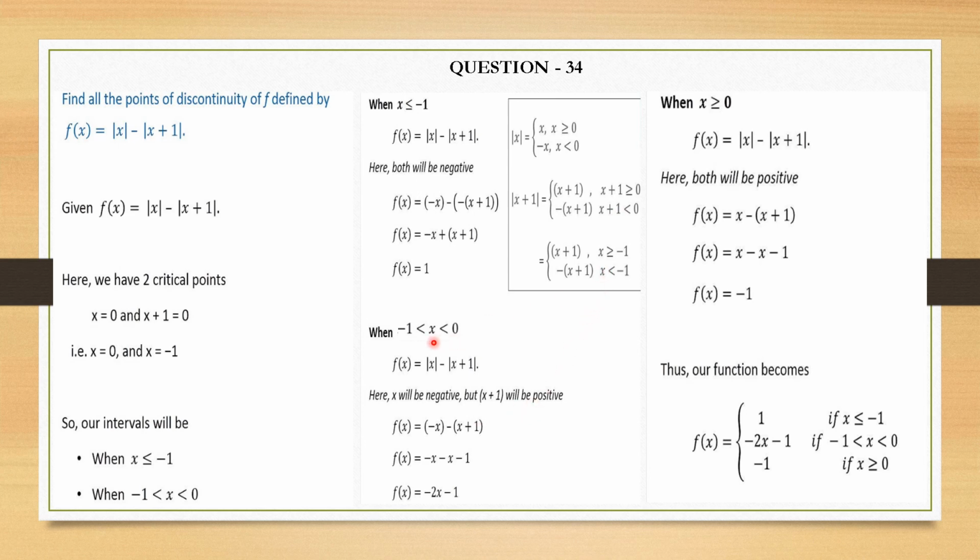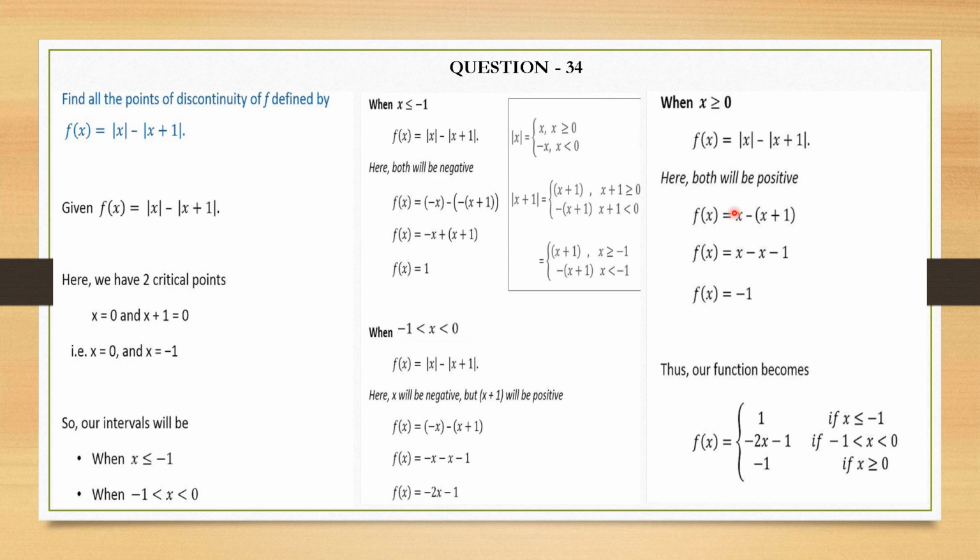It will turn out to be plus x plus 1. As this sign is negative, it is minus times 2x minus 1. So the function is defined this way when it is between minus 1 and 0.